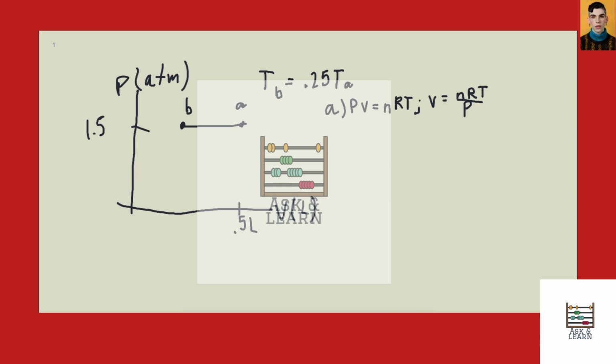If the temperature is multiplied by 0.25, and everything else stays the same, n and R and P, then the volume is going to get multiplied by 0.25 as well. So the volume at B is then equal to 0.25 of 1/2 liter.